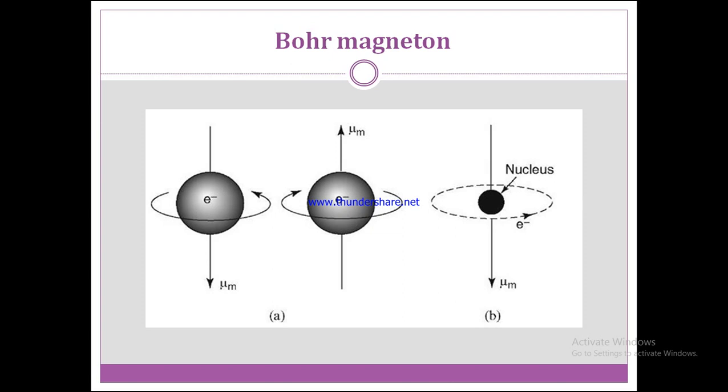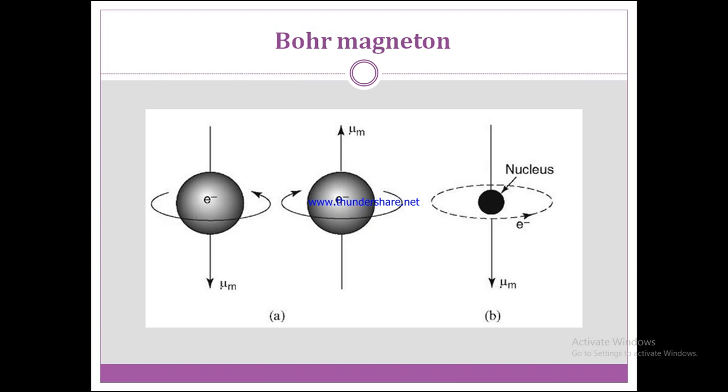And when the electron spins in the clockwise direction, then the magnetic moment of that magnetic material, indicated by mu m, is in an upward direction.